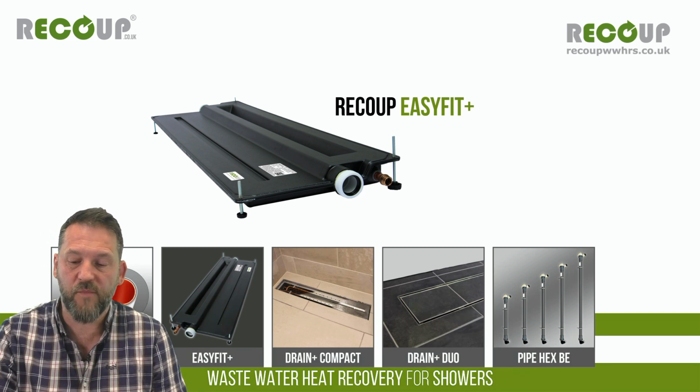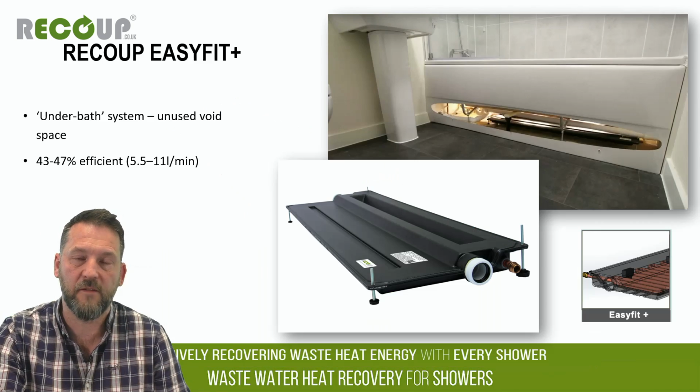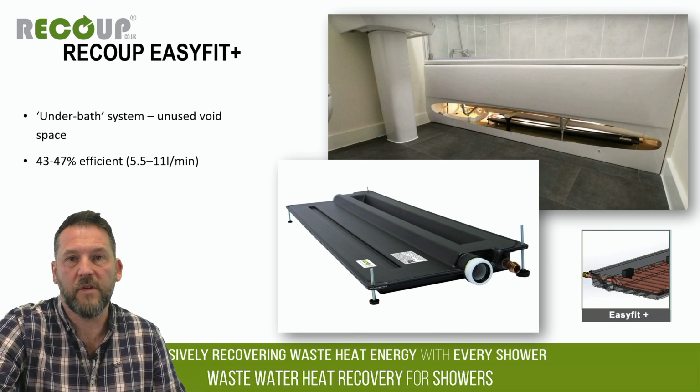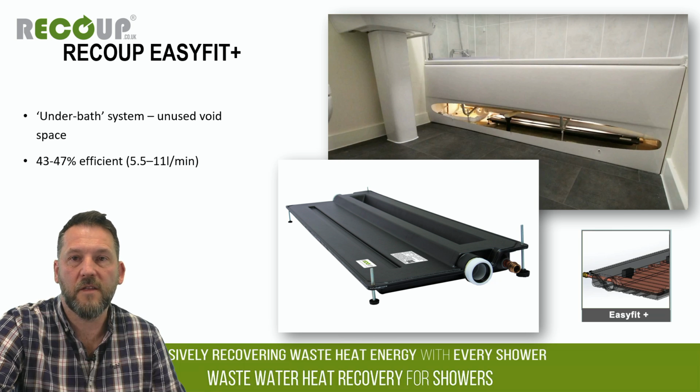The Easy Fit is probably the next most cost effective option. This is a standalone horizontal wastewater heat recovery unit that's designed to locate in that void space either underneath the bath or underneath a shower riser tray.